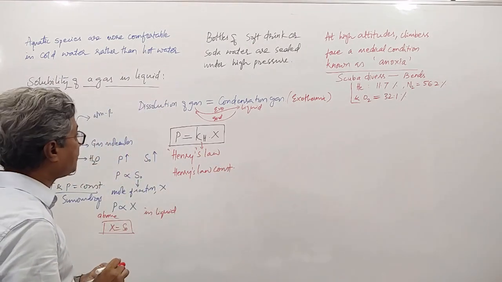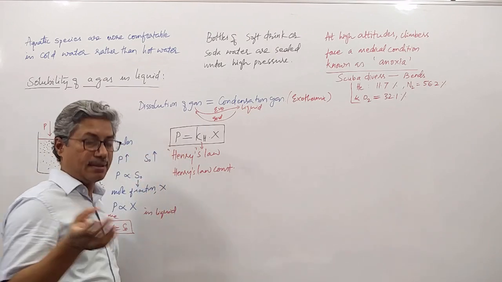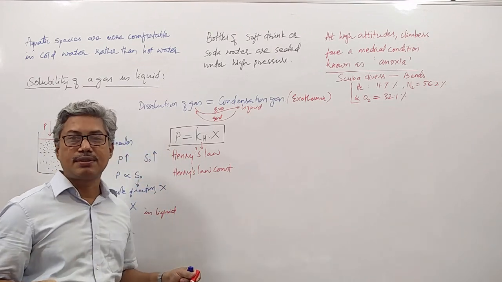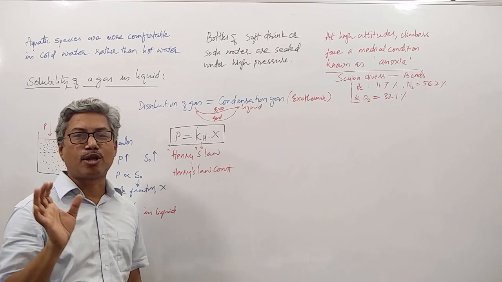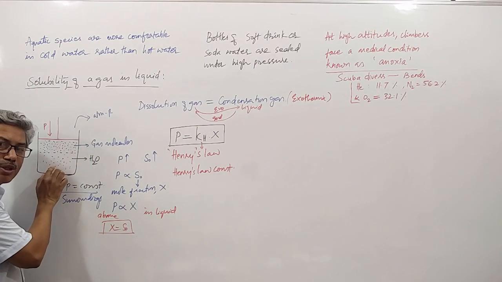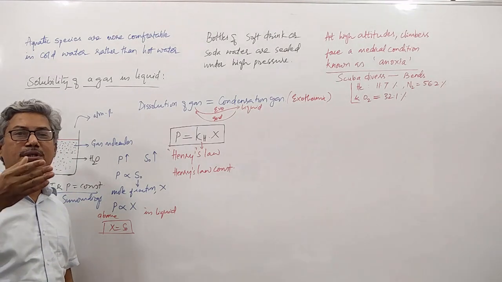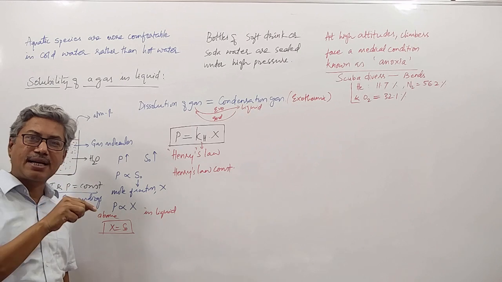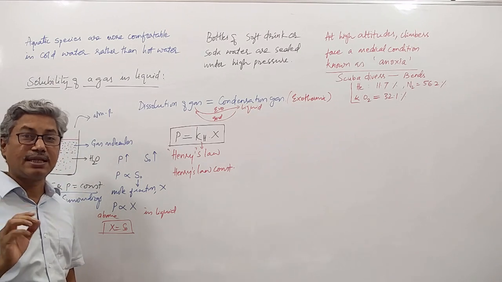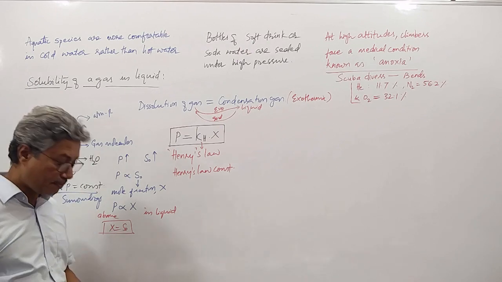See, students, the most commonly used statement of Henry's law is this. Mole fraction of the gas in the solution is directly proportional to the partial pressure of that gas above the solution. This is the most used definition of Henry's law.